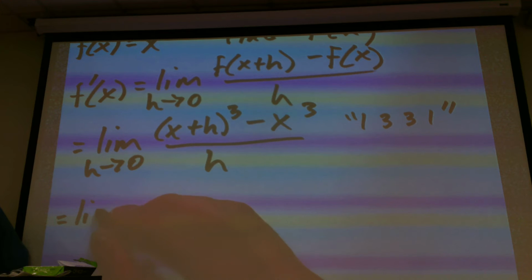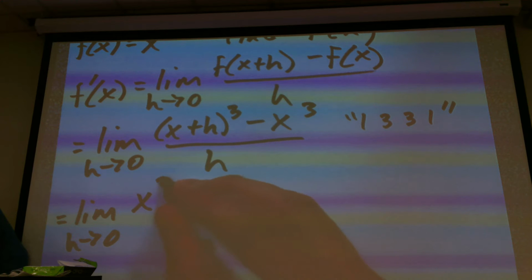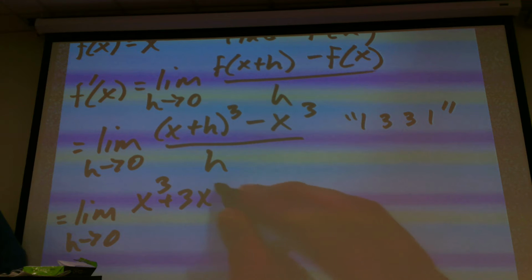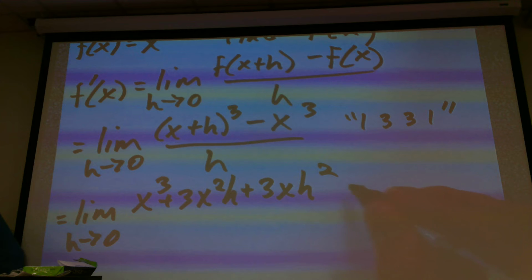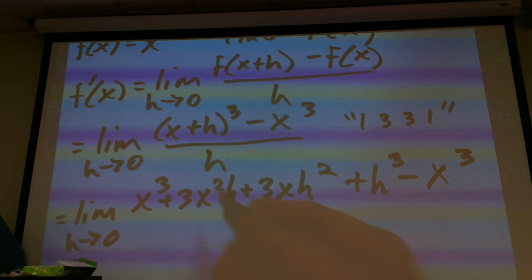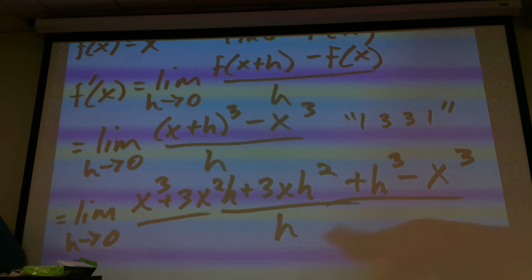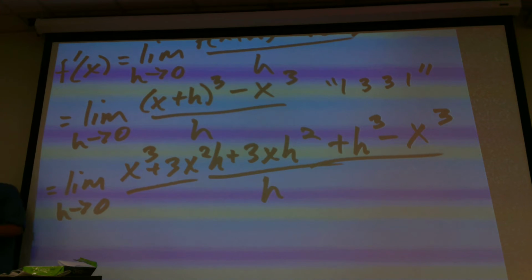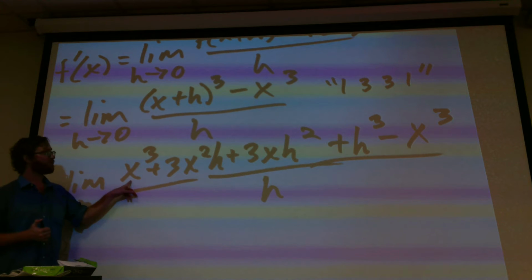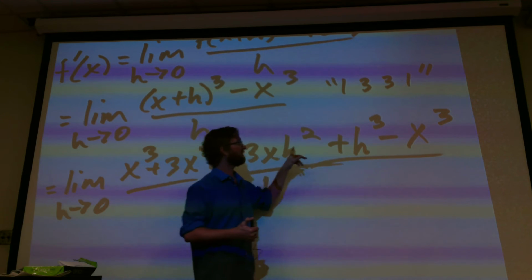So this is going to equal the limit as h tends towards 0 of x cubed, that's going to be the 1, now plus 3x squared h plus 3x h squared plus h cubed minus x cubed, divided by h. Okay, so my 1, 3, 3, 1 corresponds to 1, 3, 3, 1.